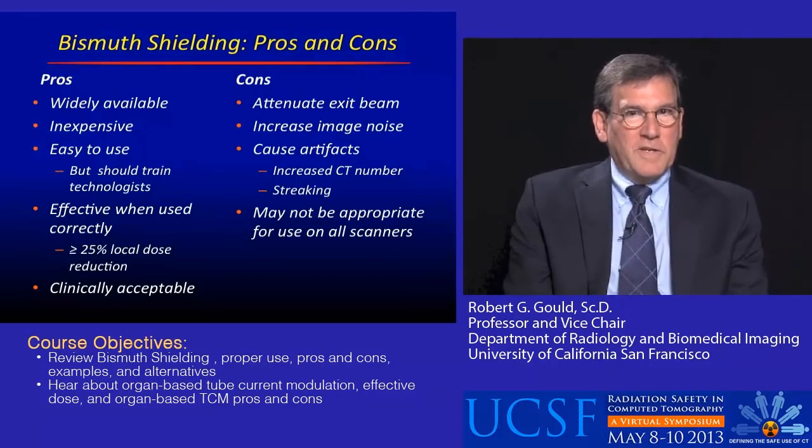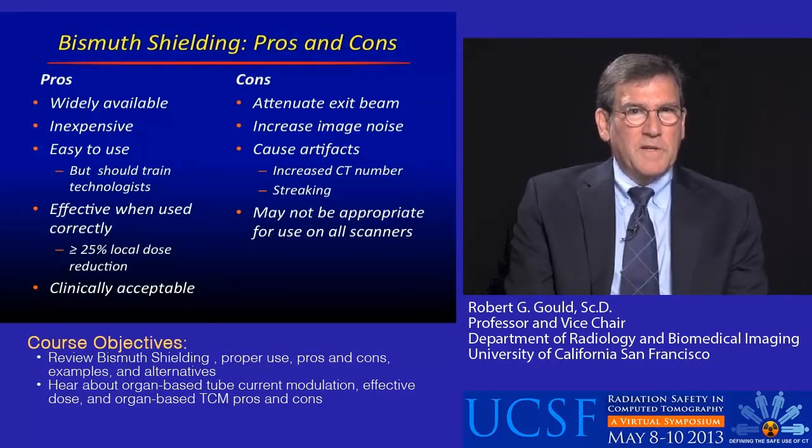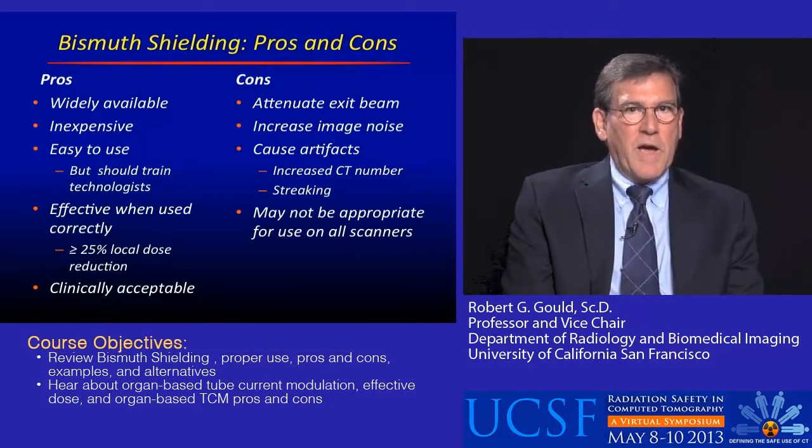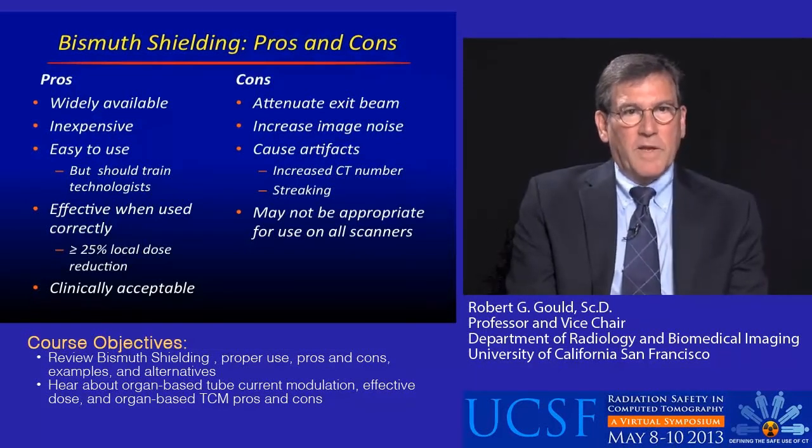But the cons are that it attenuates the exit beam, which, as I indicated, is not desirable. It does increase the noise a little bit. It can cause artifacts if not positioned correctly, and it may not be appropriate for use on all scanners. So it has to be thought out when and if to use bismuth shields.